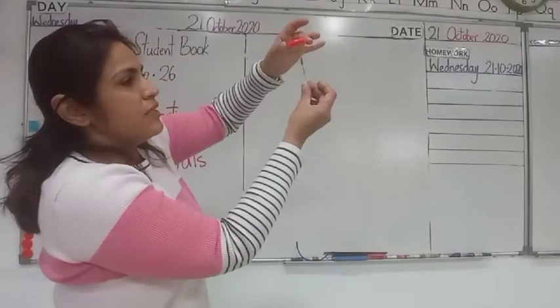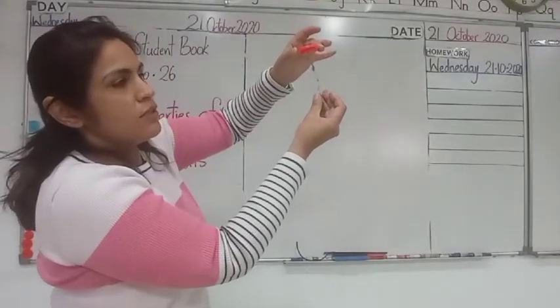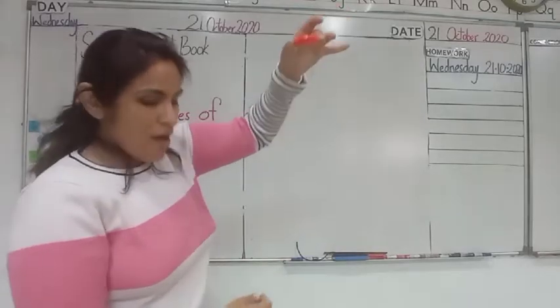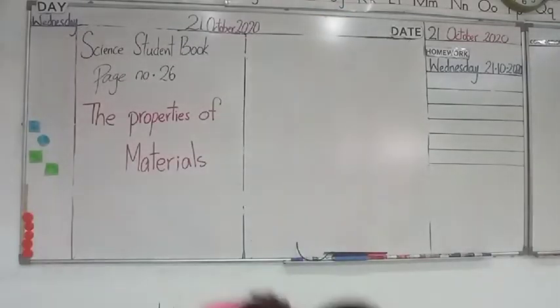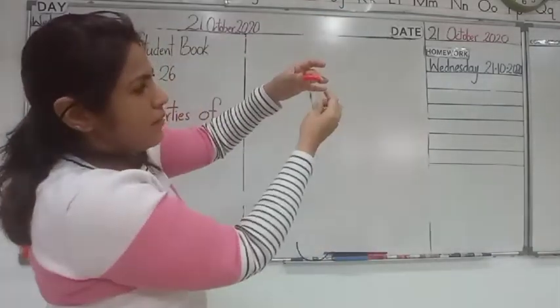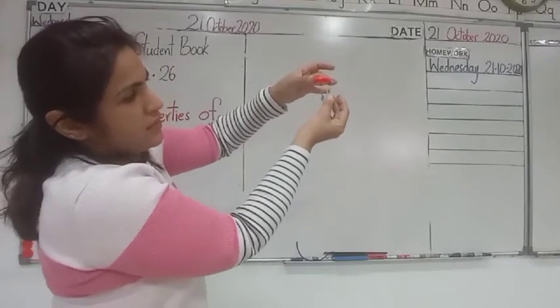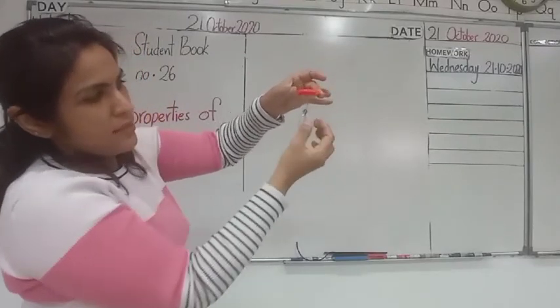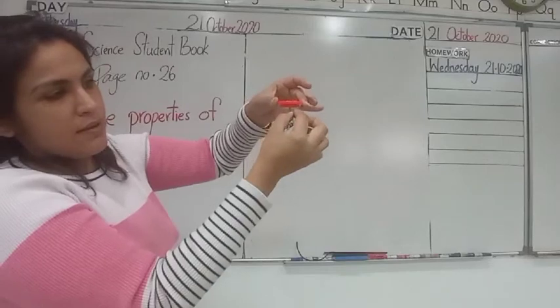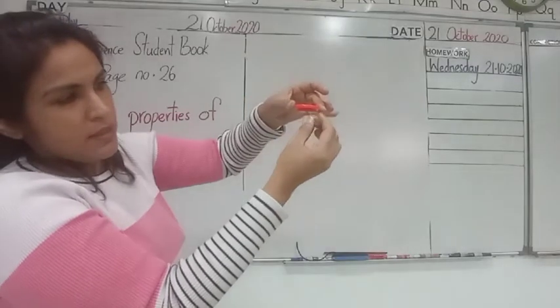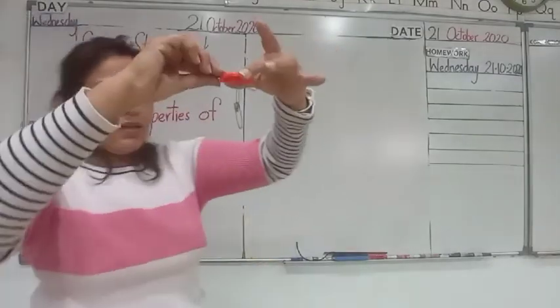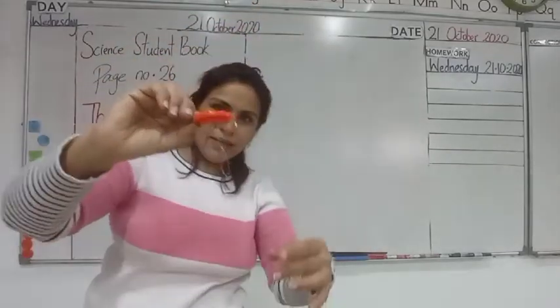Now I'm going to stick here. It is. Wow. Why? Because there is a magnet pull. Now I'm going to try to stick this over here. Yes, they are. Even the paper clip is getting attracted. Can you all see?